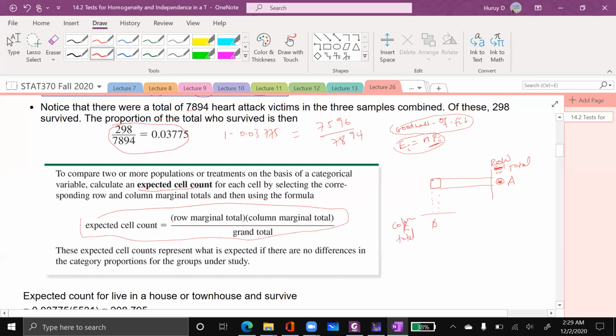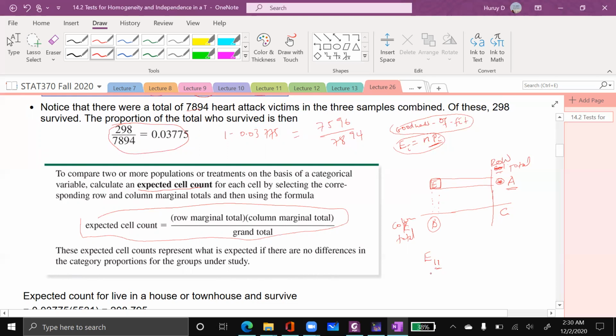So for this cell, let's call it cell 1, because we don't have another cell on top of it, the row total is A, and the column total is B. And then the grand total, let's call it C. So for the expected value, I will use E, let's call it E11, meaning row 1, column 1.